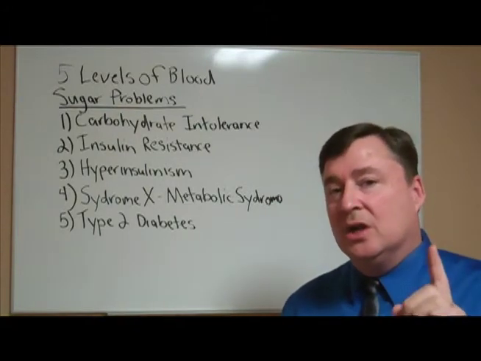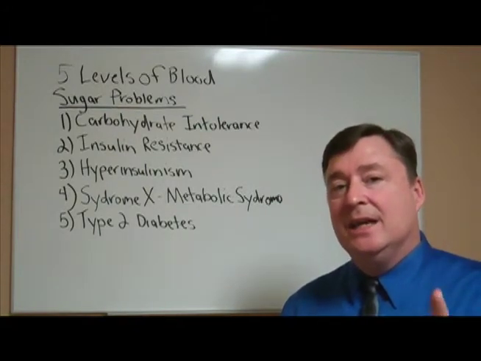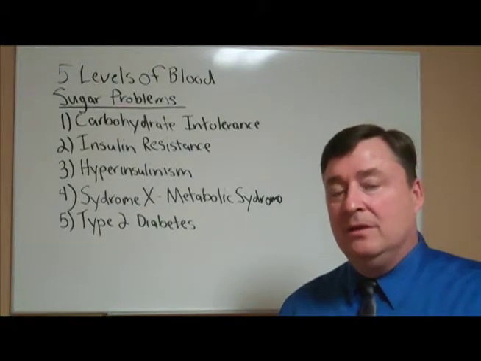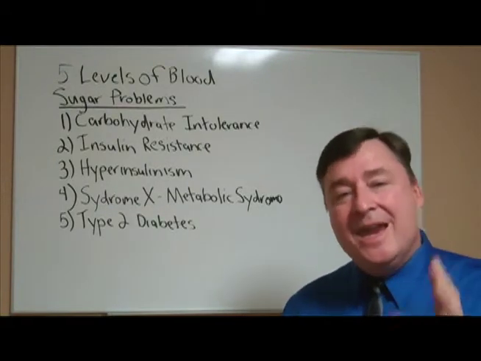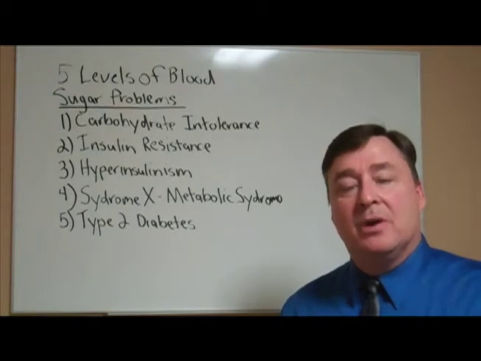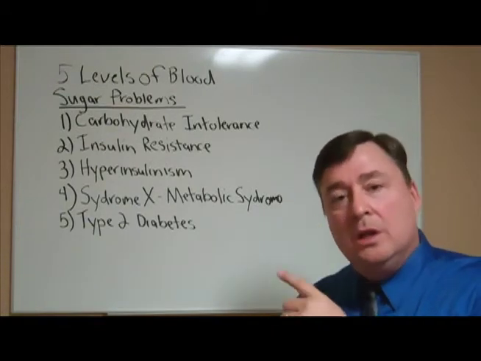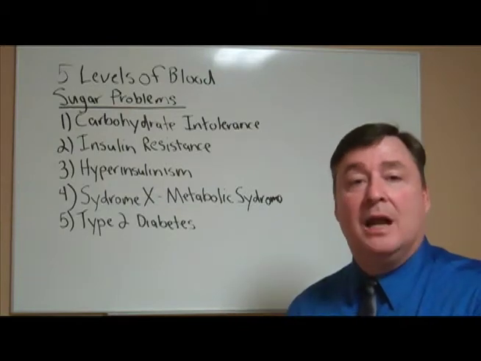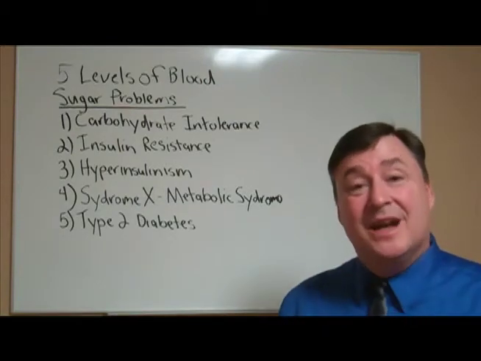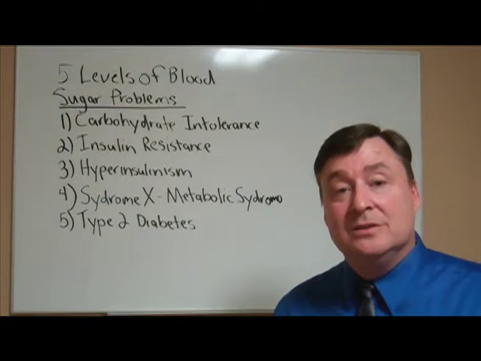But I'm here to tell you that is not the be-all end-all. You cannot correct a metabolic problem, which is what this is, with a drug. The only way to correct a metabolic problem is to correct the metabolism in the first place.